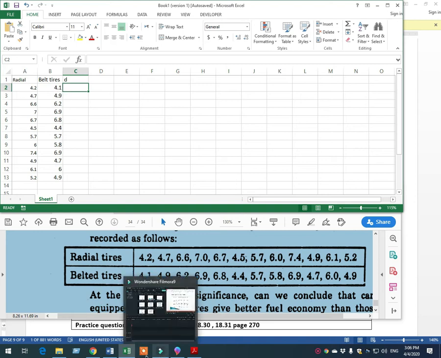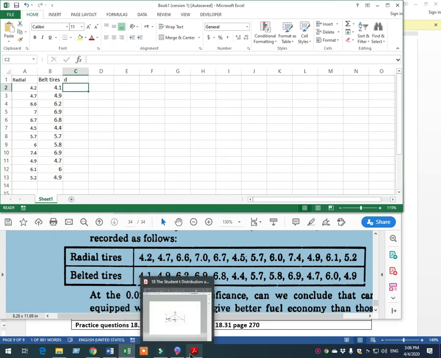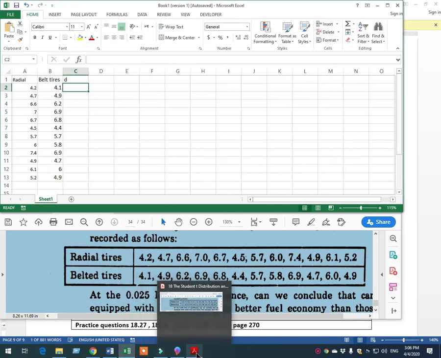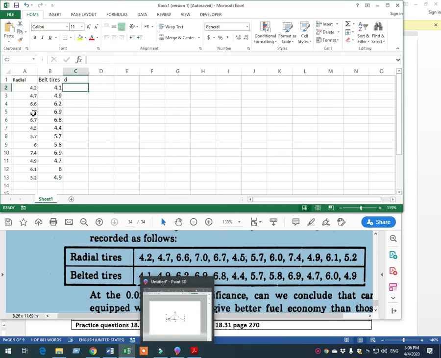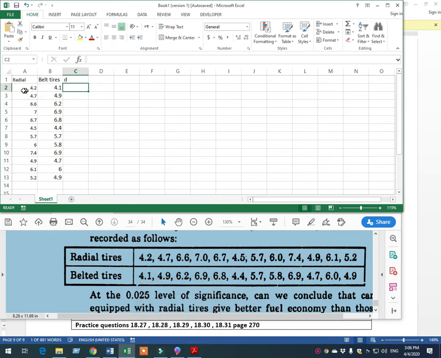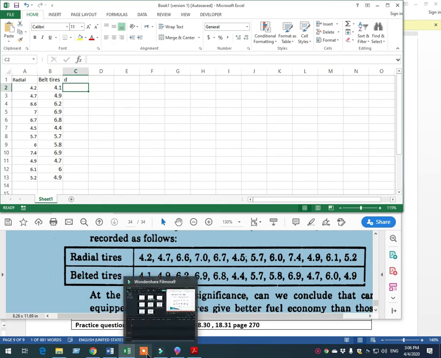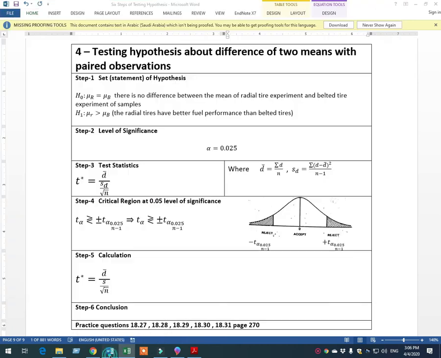Let me check the null or alternative hypothesis to see whether I am doing it correctly, because it has to be dealt with very carefully whether A should be minus B or B should be minus A. So here the difference is R minus B. R minus B would be our exact and true calculation.